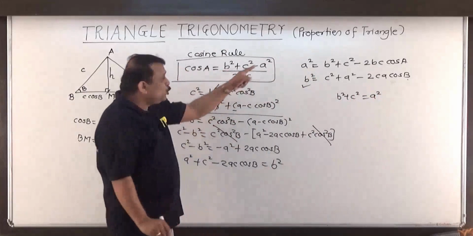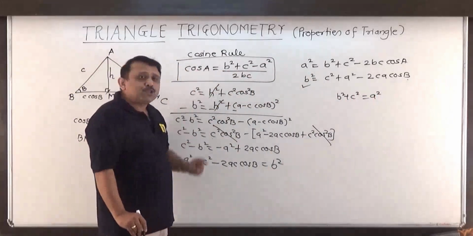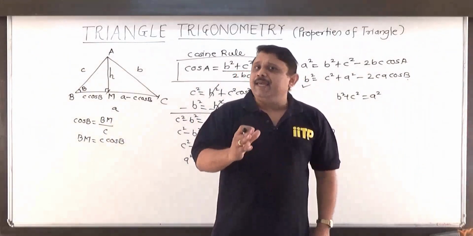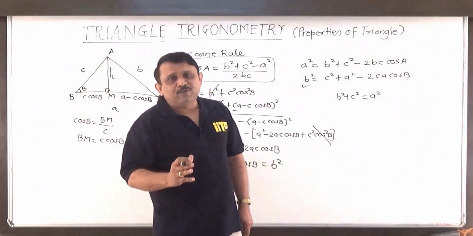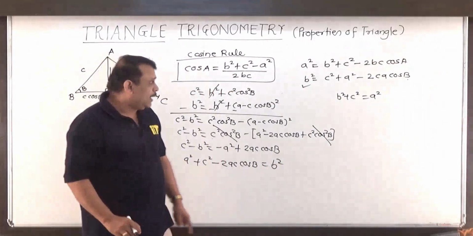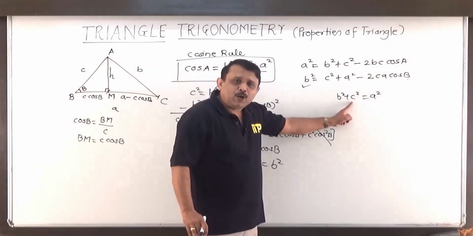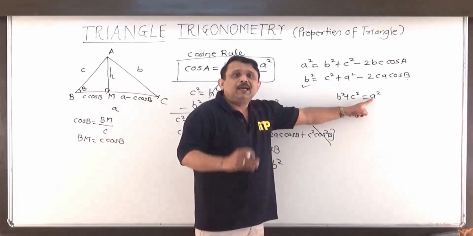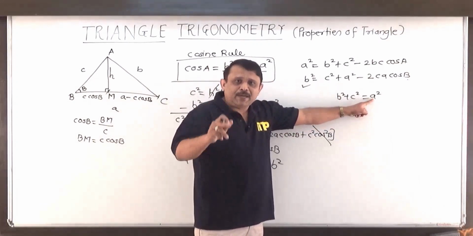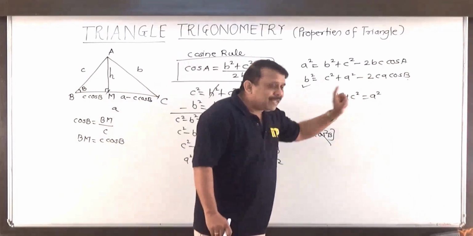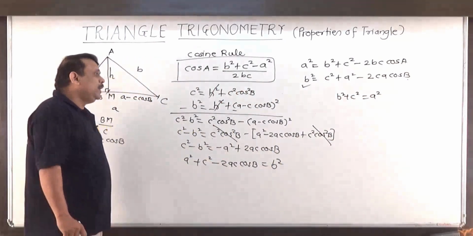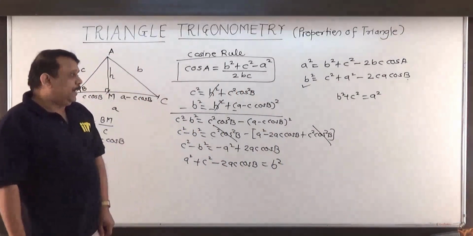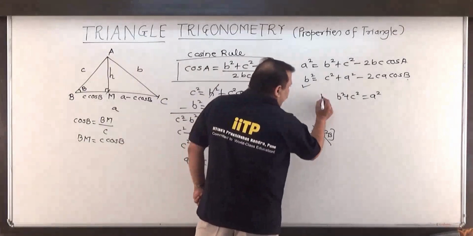If I choose this, the numerator becomes 0 and hence cos A becomes 0, and cos A becomes 0 means A is a right angle. Therefore, the triangle becomes a right angle triangle, and we see that the Pythagoras theorem is also satisfied. Being a the hypotenuse, the angle opposite to a is capital A, which is 90 degrees. So Pythagoras theorem is satisfied over here whenever b² + c² = a², using the cosine rule. So this was the first remark.